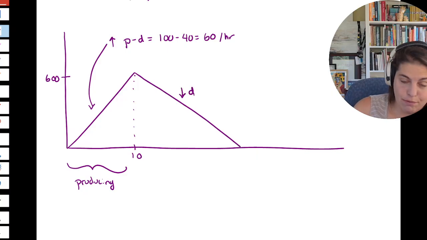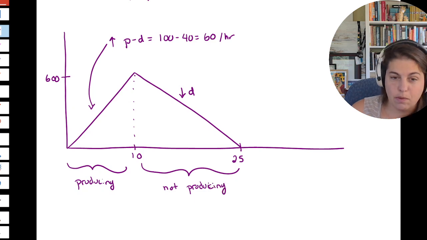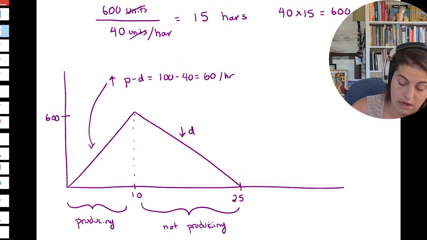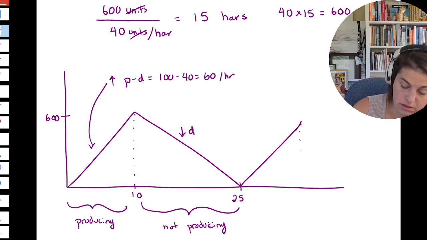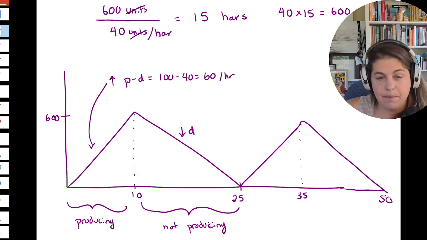We go down at that rate of whatever our demand is. And that brings us to 25 hours. Okay. And then this repeats. We produce for 10 more hours. So it's going to bring us to 35. And then we don't produce for the next 15 hours, and that'll bring us to hour 50.